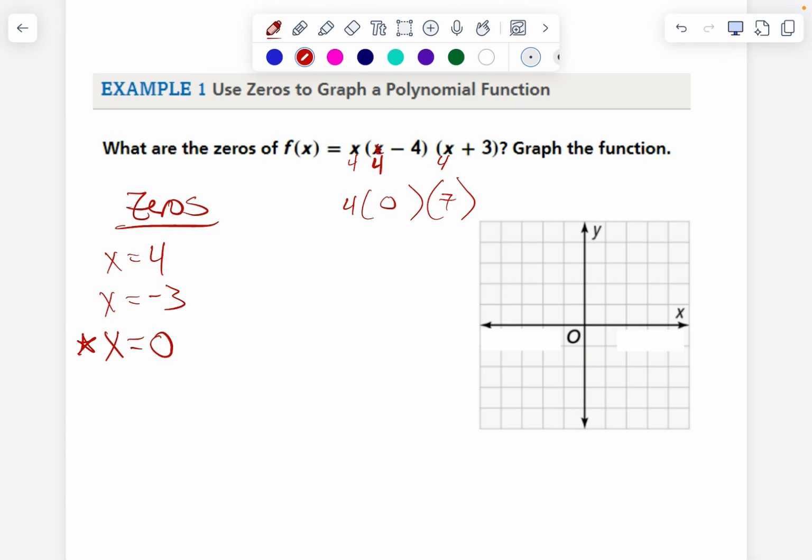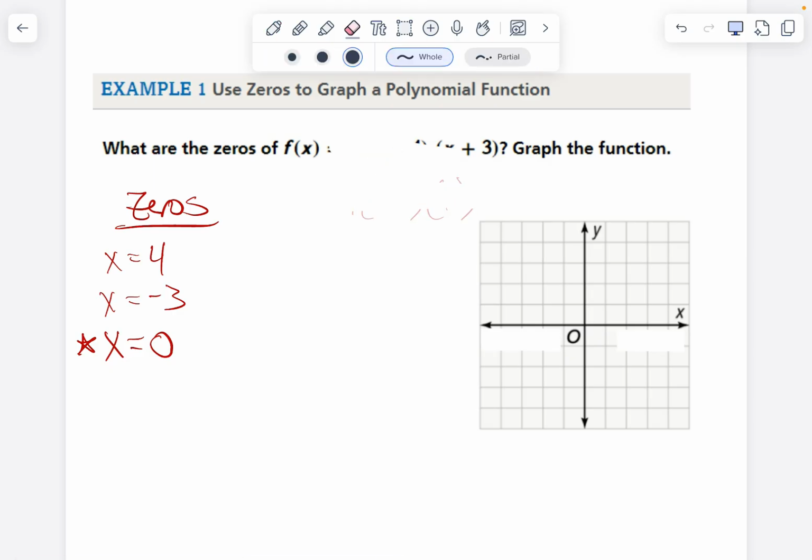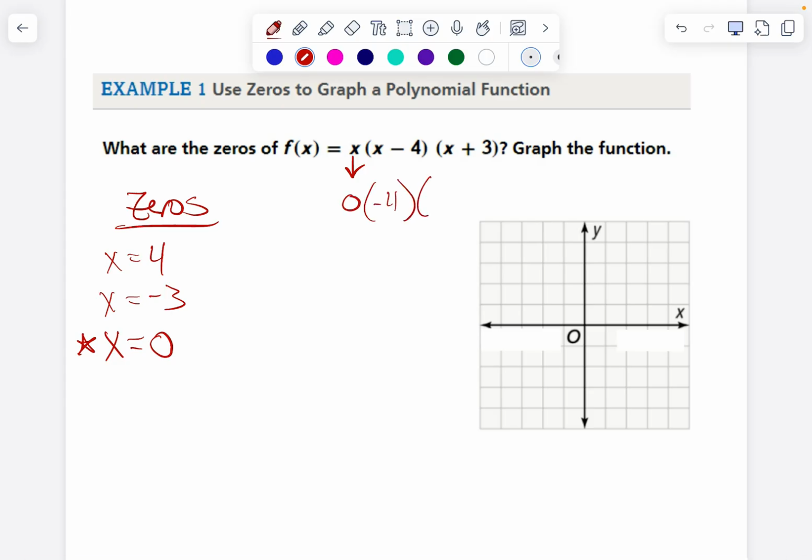Even though these second two terms are not 0, it makes the whole thing 0. Okay, so that's true no matter where I plug and make a 0. So in this case, if I made this one 0, it would be 0 times negative 4 times 3, which is still 0. Okay, so that's the idea behind zeros.